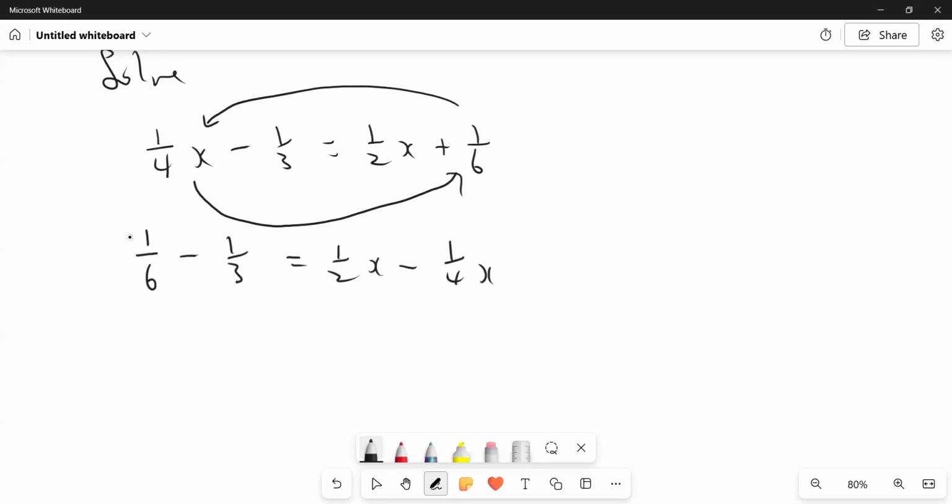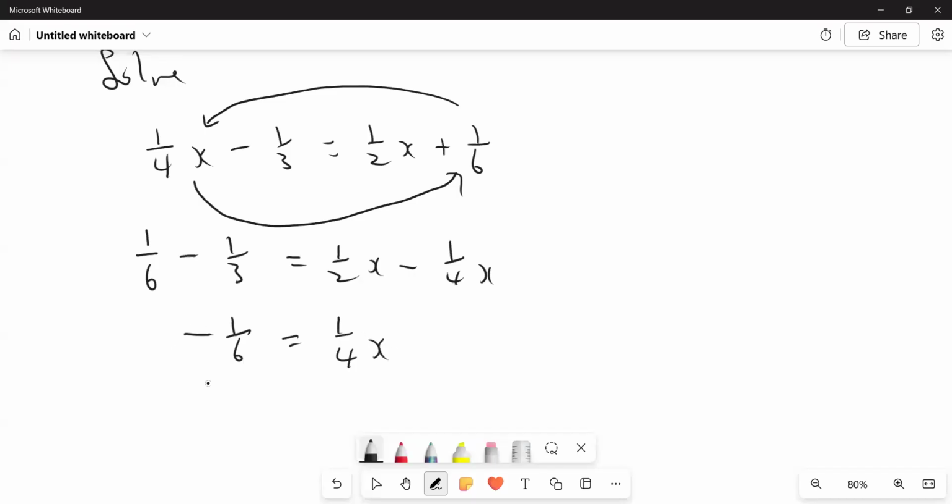So this here, you can mentally do this. This will be minus 1. What would this be? This will be 2/6. You'll get minus 1/6 there, equal to a half x minus a quarter x, give you another quarter.